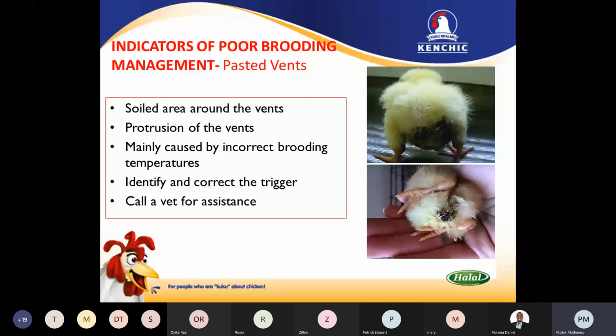It is very easy to notice that by touching the legs, place the chick's legs on your cheeks and feel whether they are warm or cold. If they have cold legs, then you realize you're chilling your birds. Identify what is causing the issue, what is triggering the issue, correct using your vet, and you will be helped.